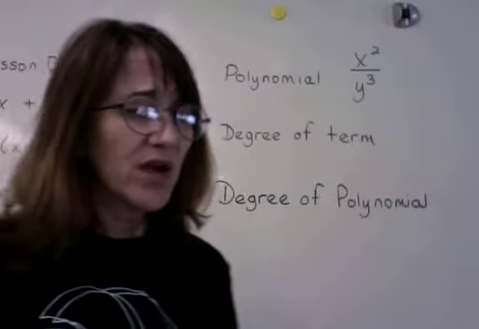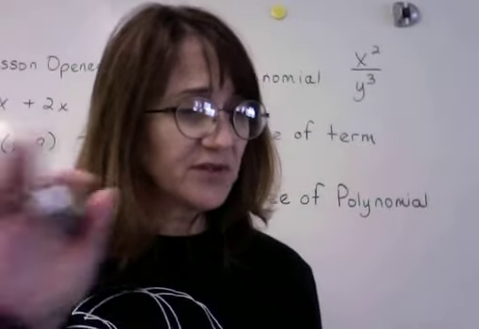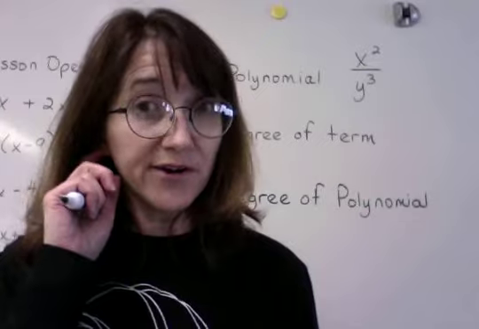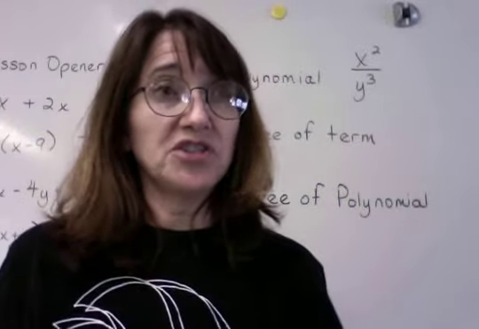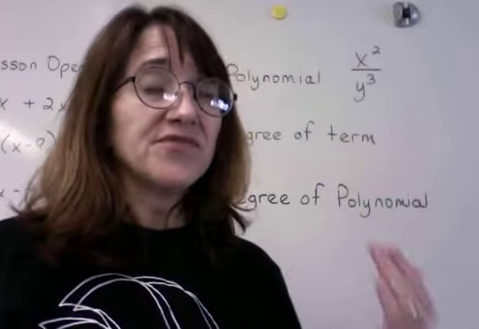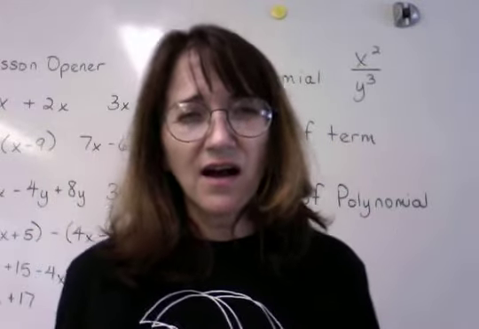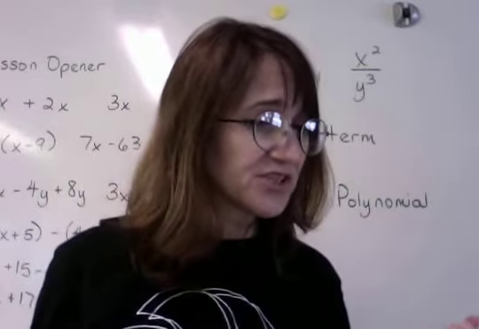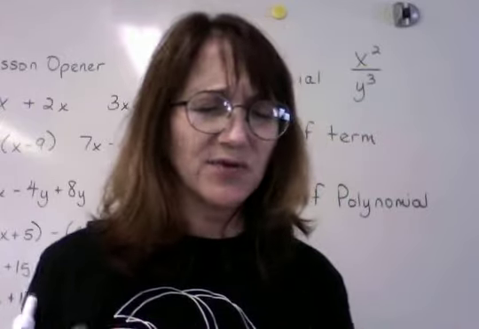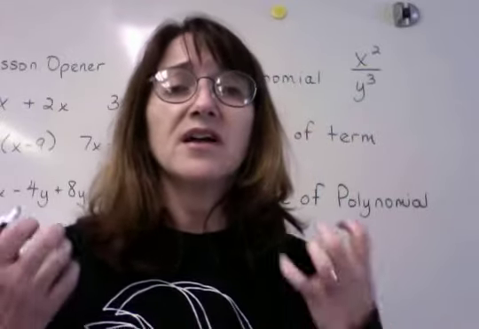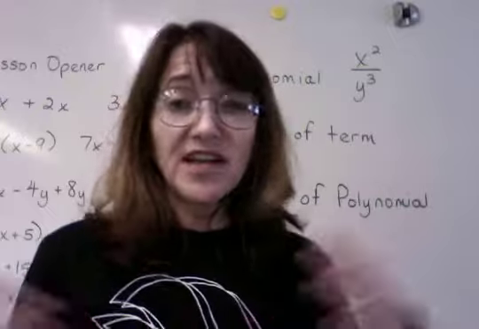First thing to know, and you can glance over at page 371, you have a little billboard there. If you've got just a number hanging out, its degree is going to be considered 0. That's just how it is.